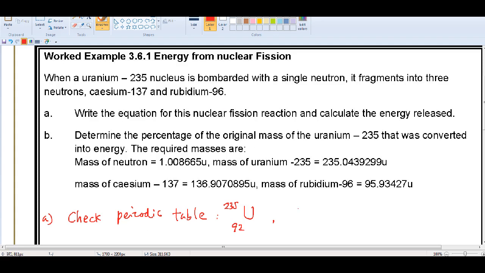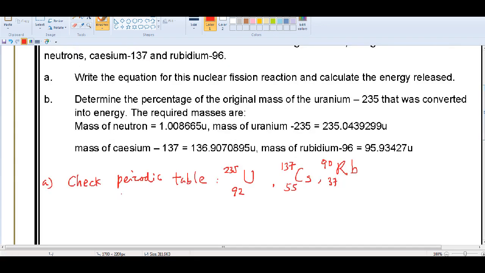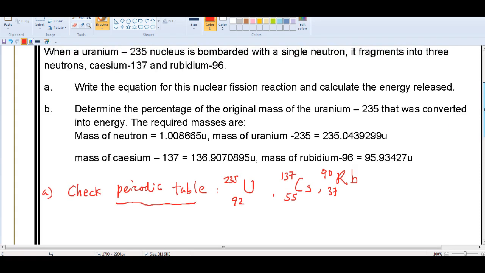That's cesium, with Cs as the symbol: 55, 137. And rubidium, it's Rb, 37 and 96. So you need to check your periodic table. It should be in previous notes, or if you use the textbook, you can use it.